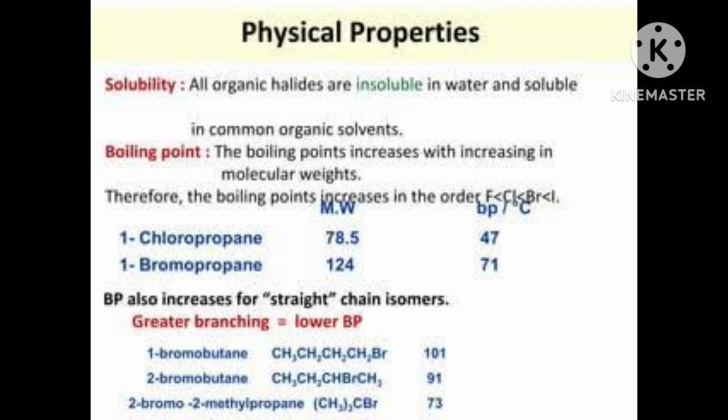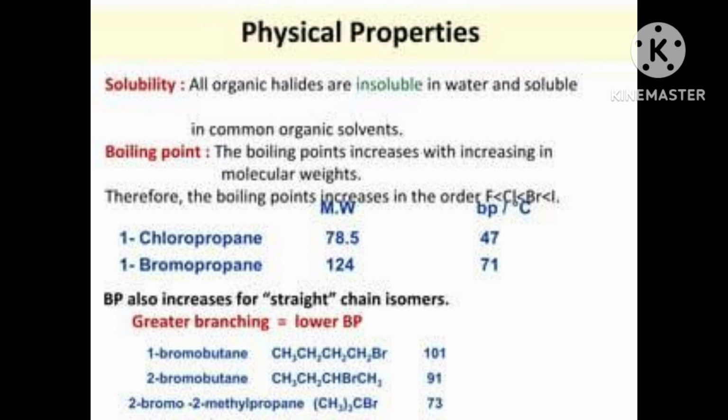Now see, nucleophile Nu plus this C-X. C is positive, X is negative. Nu is also negative, so a substitution reaction will take place. Nu will replace X in a simple way.